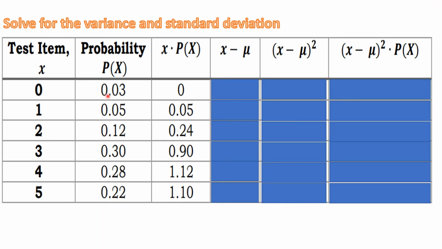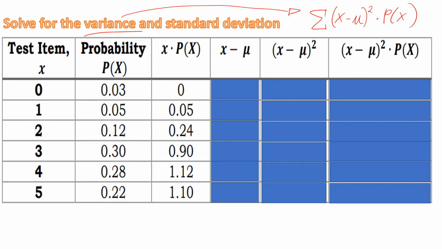The next thing that we will calculate is the variance and the standard deviation. At this point, we use the formula for variance. If you remember, the formula for variance is the summation of quantity x minus μ squared times p of x, where μ is the mean or the expected value.